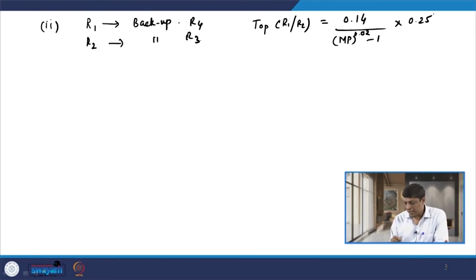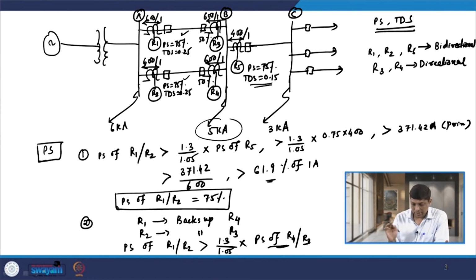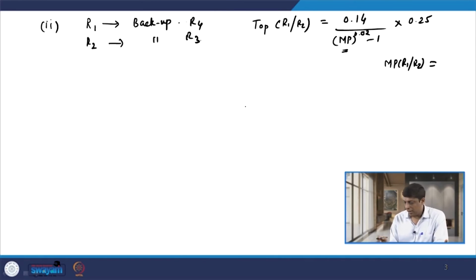Now the question is, what is the value of MP for R1 and R2? As we are coordinating relay R1 with R4 and relay R2 with R3, we have to consider the same fault level, that is 5 kilo ampere. So, that is 5000 ampere divided by the CT ratio of R1 and R2, that is 600, divided by its plug setting, that is 0.75.